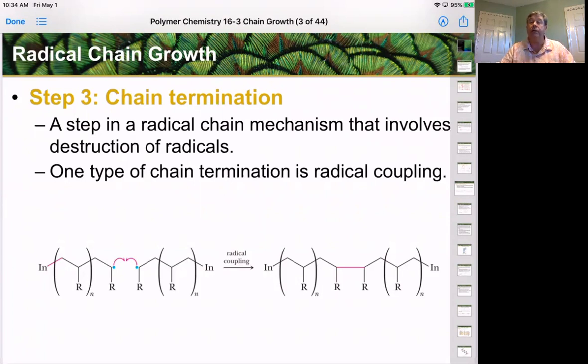We have no more radical generation, and we terminate the reaction. So step one is initiation of a radical. Step two is a radical reacting on a double bond, creating a sigma bond and another radical. And then the last step is when two radicals combine together to form a sigma bond.